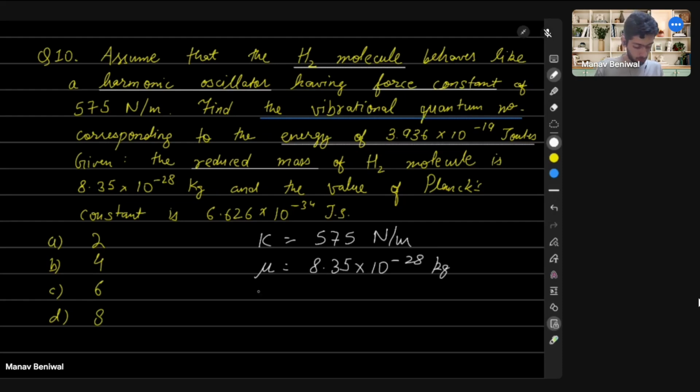Then we are also given the energy corresponding to the vibrational quantum number V, that is given to be 3.936 × 10 to the minus 19 joule.